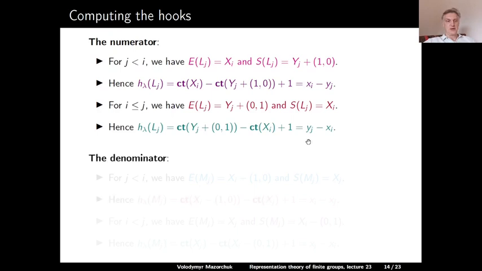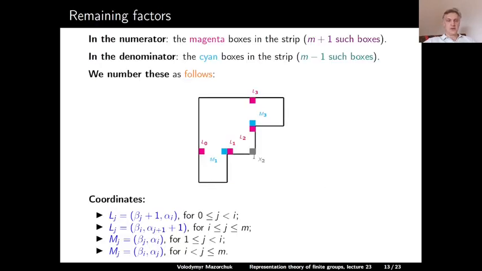Now about the denominator. If j is smaller than i, then the east end of mj is the box which is next to the left of xi, and the south end of mj is exactly xj. So now we are talking about the denominator, so xi is removed.